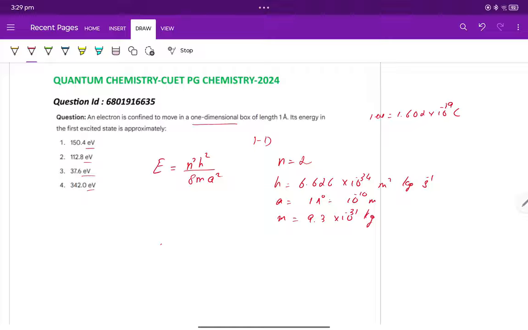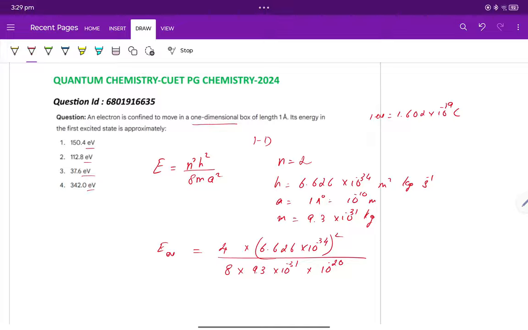So this will be the energy in electron volt. I am writing in electron volt will be equal to, first let us substitute for n is equal to 2, so that will be 4 into the h value, 6.626 into 10 to the power of minus 34, the square of that, divided by 8 into mass of electron, 9.3 into 10 to the power of minus 31 kilogram, and a square is 10 to the power of minus 10, so that will be 10 to the power of minus 20.